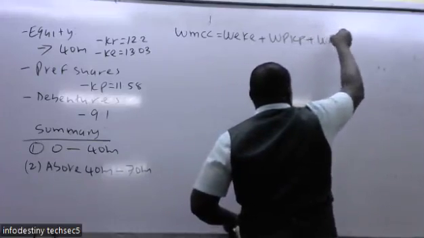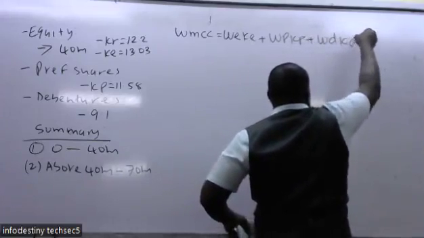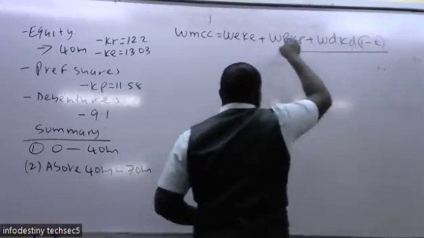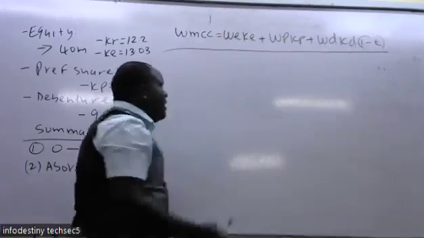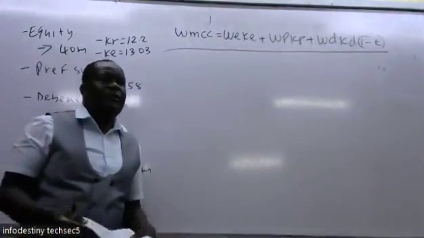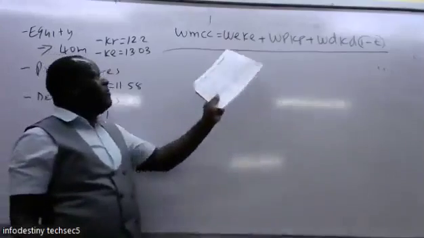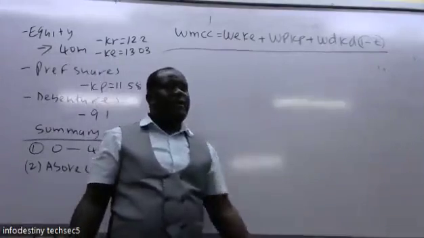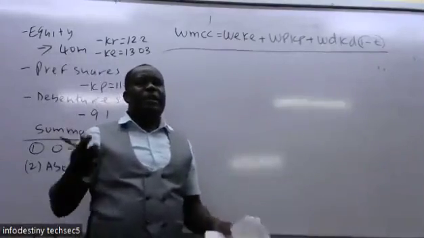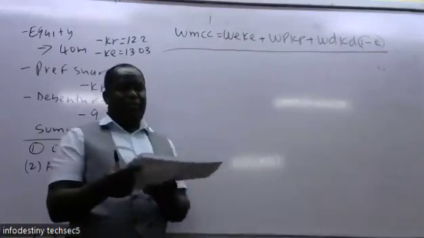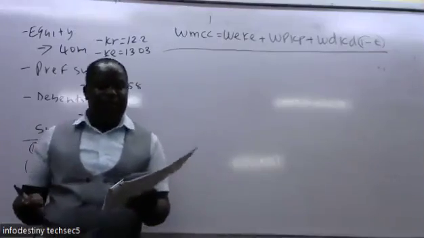Also the weight of the debenture times the cost of the debenture, which must always be after the tax. So to get our weighted marginal cost of capital, we are combining equity, preference shares, and debentures. But we factor in the weights, which are the proportions you are given. Remember the proportions up there in the capital structure.